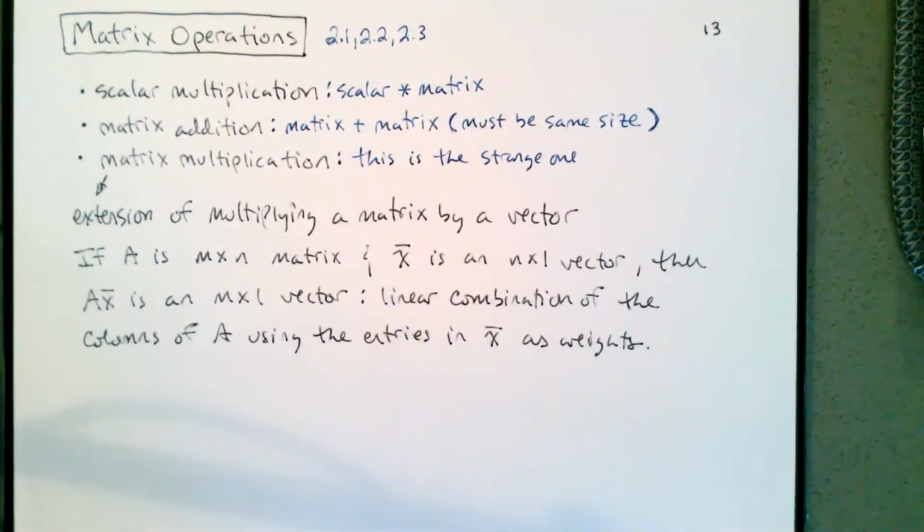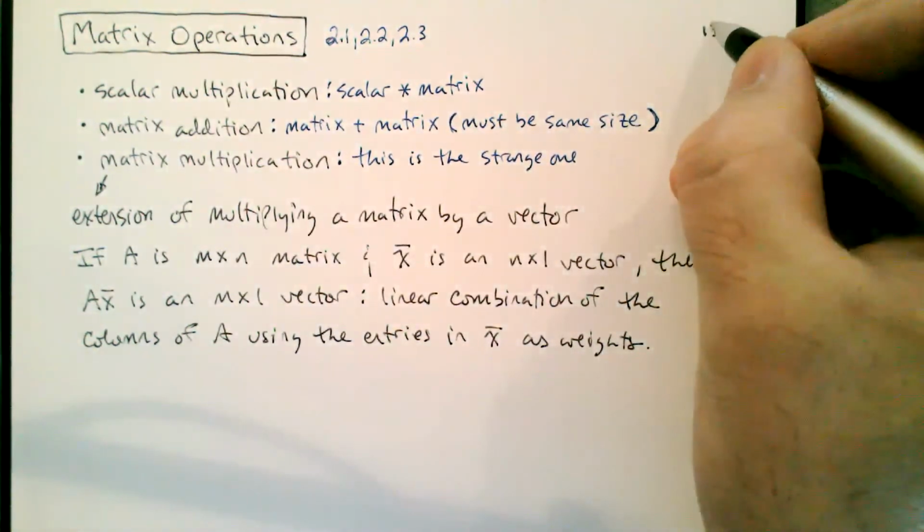So it's a linear combination of the columns of A using the entries in X as weights.